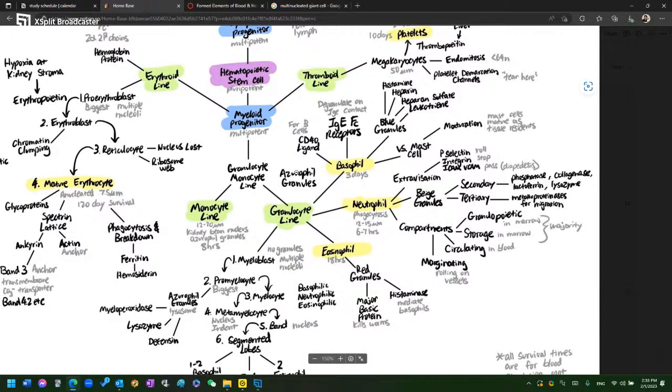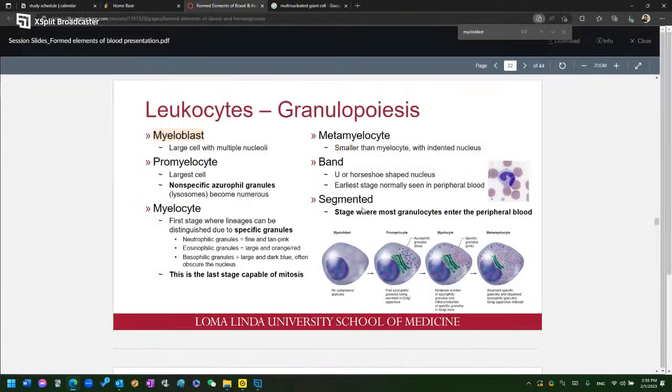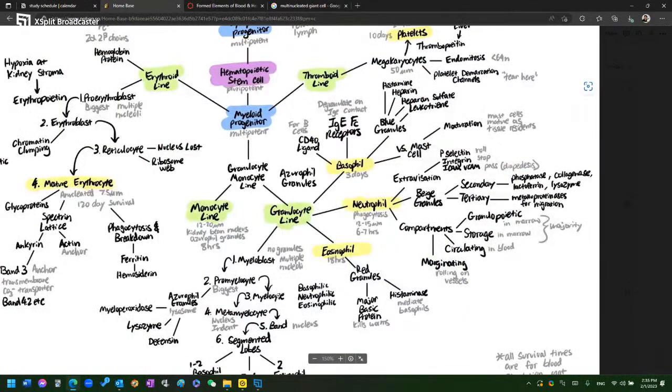And all of these have azurophil granules, as we were talking about earlier, because all of them go through that promyelocyte stage. Only when we hit the myelocyte stage do we start to see the more secondary specific granules.